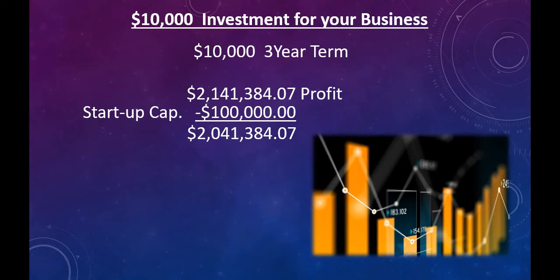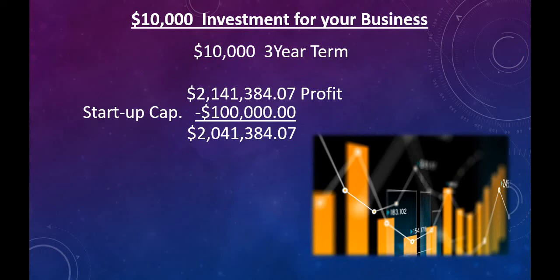And this is what you got for the next 3 years. If you don't put anything else in the investment, you just put a whopping $10,000 in there and let that bad boy grow for 3 years. You'll be able to take out $100,000 to start your business, get everything you need, and probably still have something left over. Okay? But you still got $2 million.